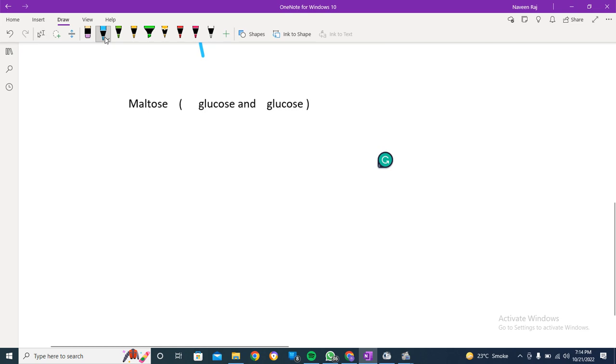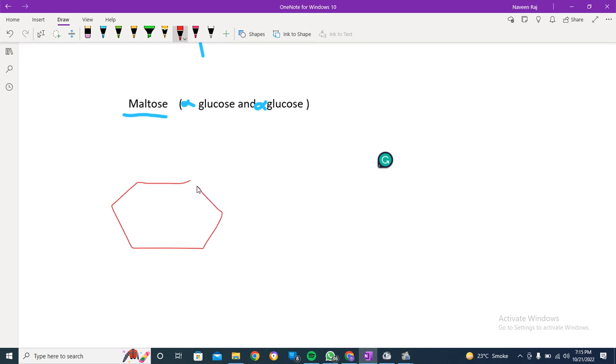Because alpha glucose plus alpha glucose will form the maltose. So this is a disaccharide, and first we draw the structure of glucose, the ring structure. Remember that the ring structure is more preferred for disaccharide formation. We discussed it in the previous videos.